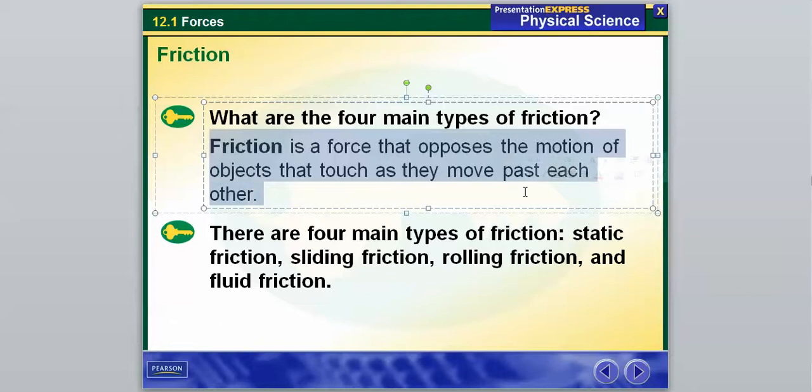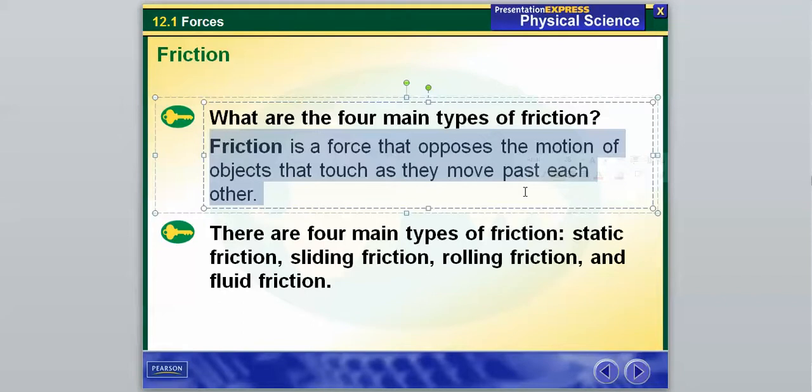And so the easiest way that I think to remember friction is if you push something across a table, like let's say you push your laptop across a table, your laptop doesn't just glide easily and effortlessly back and forth across the table. There's a force that is opposing that motion of the objects as they touch, again, the objects being your laptop and the top of the table.